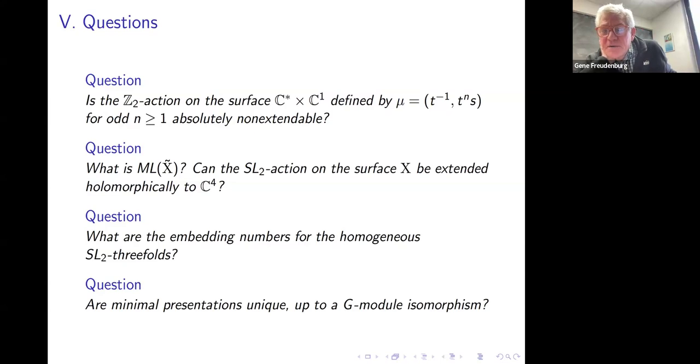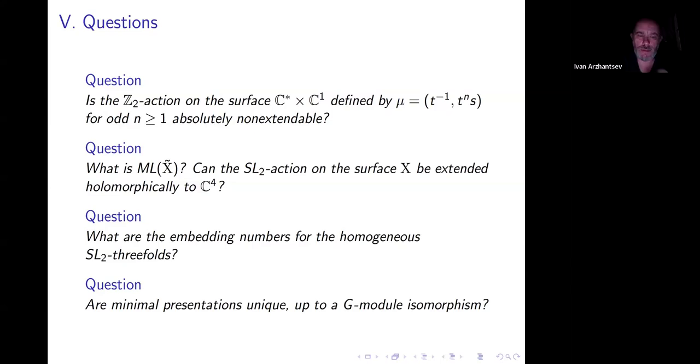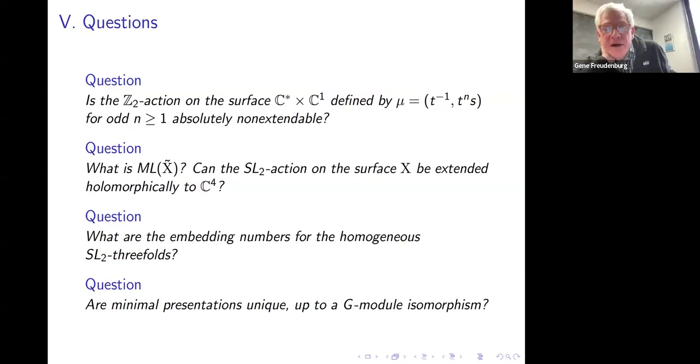Non-linearizable actions, but those dimensions could be quite high in their examples. And they are really holomorphic. So some difficult non-polynomial functions appear in this representation. I don't understand the details for their examples. I just know that they exist.